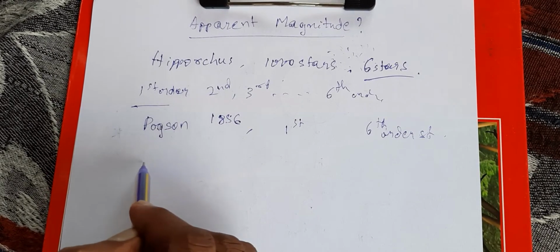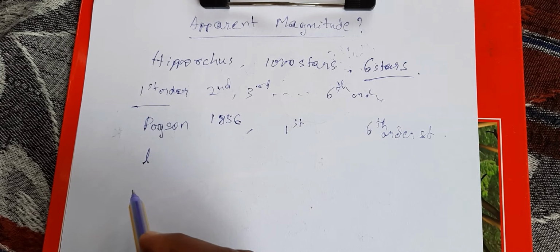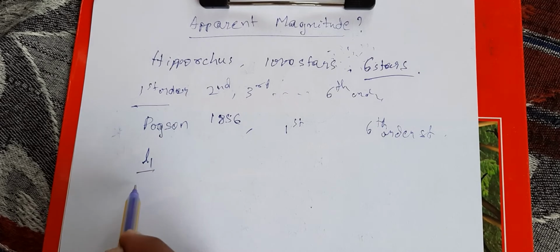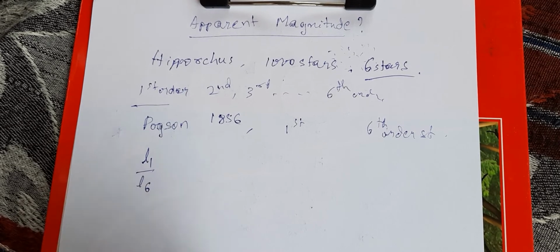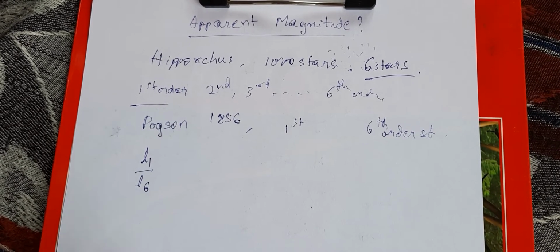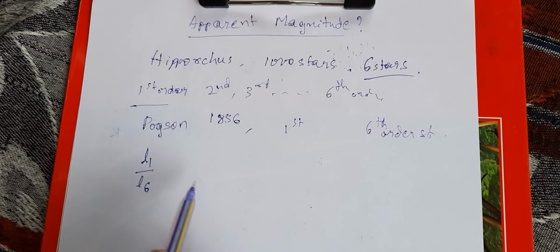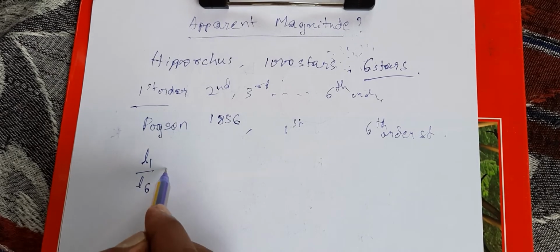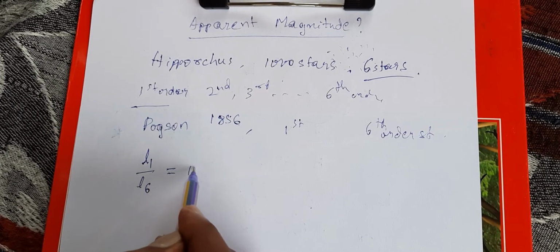Suppose the brightness of the first order star is L1 and the sixth order star is L6, the ratio of brightness between the first order star and the sixth order star he considered as 100.